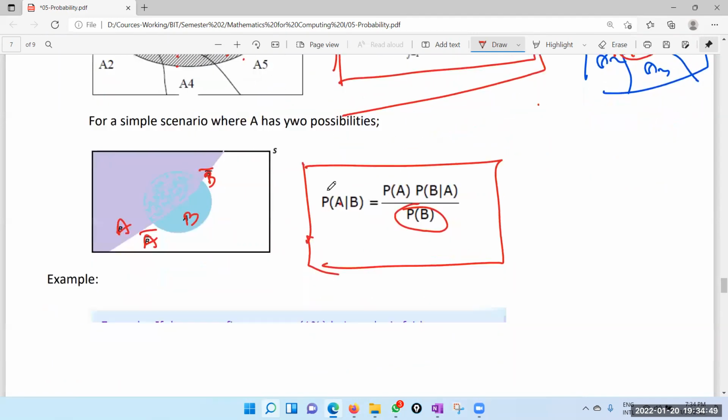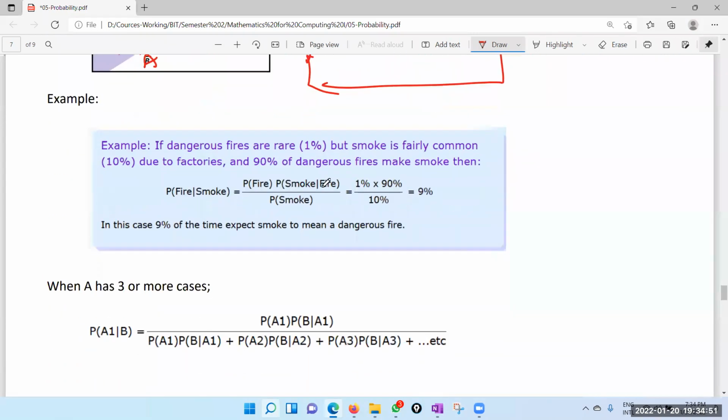Let's do a small example today. These are slightly difficult questions. Difficult not because of the calculation, but because it is hard to get the concept into your head. Right. If dangerous fires are rare, but smoke is fairly common, say 10% due to factories, and 90% of dangerous fires make smoke.